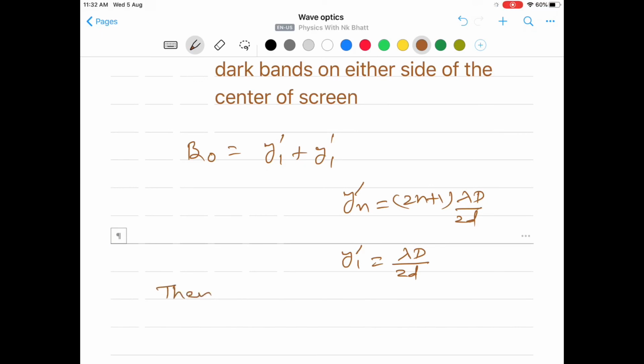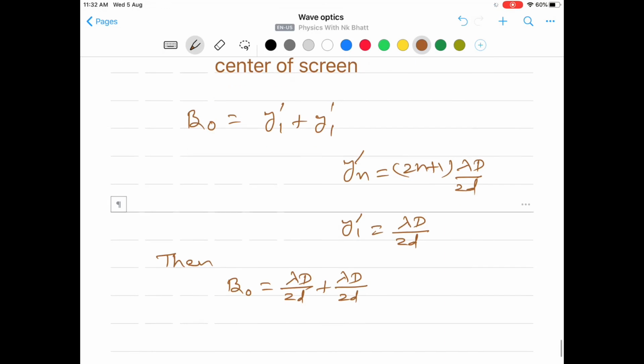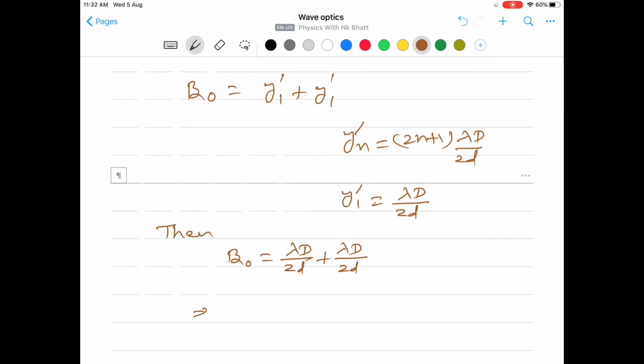Then beta naught is equal to lambda D upon 2d plus lambda D upon 2d.